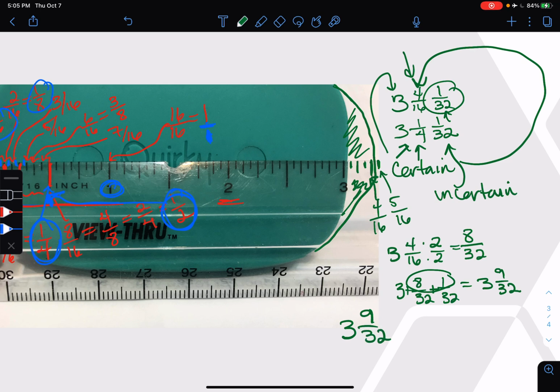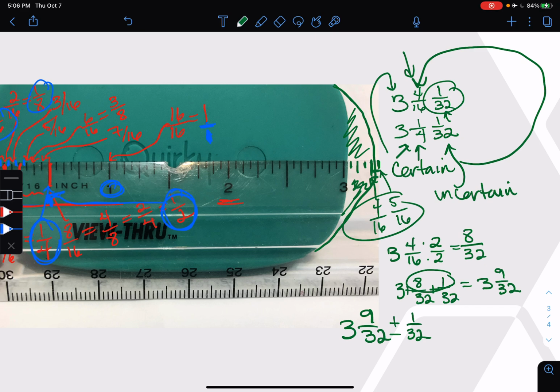And we're not even done yet, because we have to do our level of uncertainty, and that would be plus or minus. We're just going to do the halfway in between these two. Halfway in between 3 and 4/16 and 3 and 5/16 there is a 32nd.